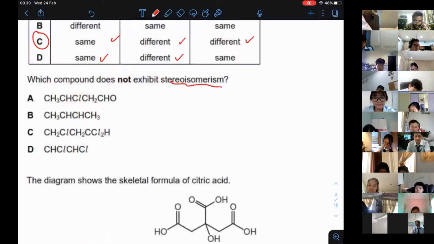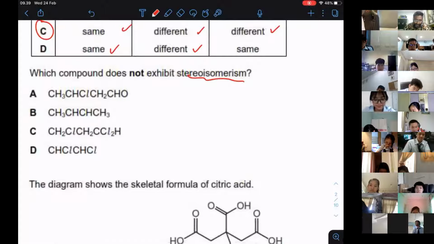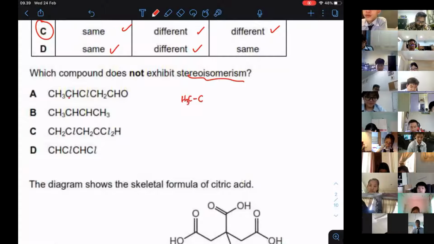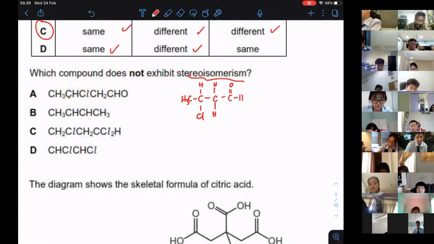So see whether they have a double bond here. For example, for A, this carbon is attached to CH3, hydrogen, Cl, then CH2, and then C double bond O, H, CHO. So here, what I see is there is no double bond.